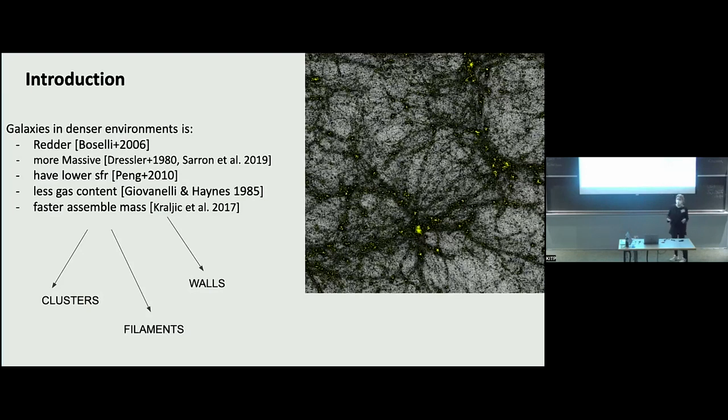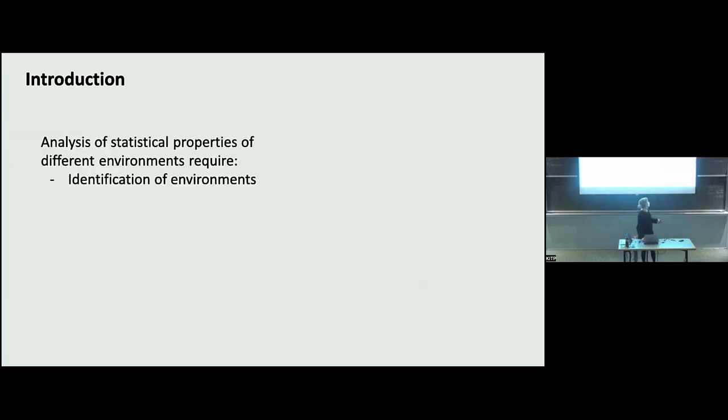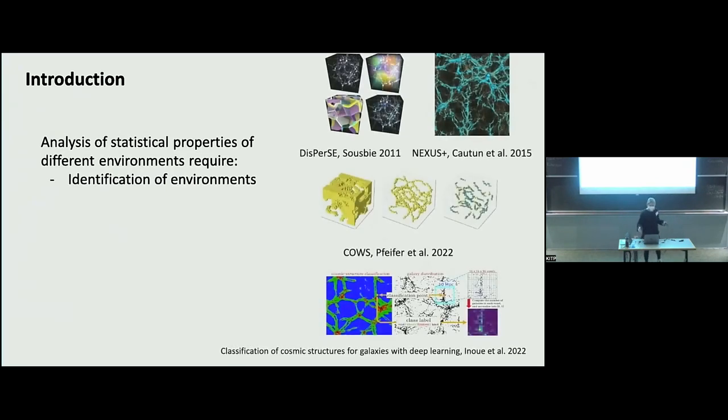But to investigate it in more detail, we need to know how to identify the different environments for the galaxies. First of all, we need some tool for identification of environments. And today we have a lot of possibilities. Here are some examples, and you can select what you prefer.